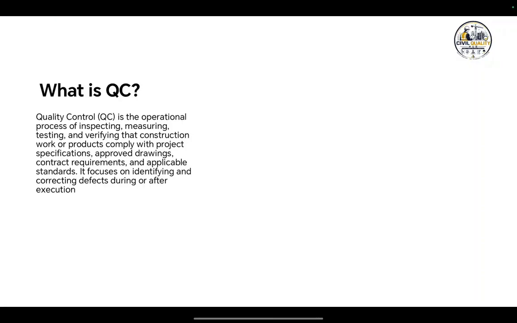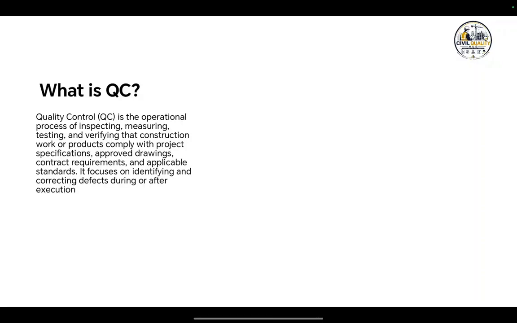Quality control is completely different. QC is the process of inspecting, testing, measuring, and verifying that the work meets the project requirements. Unlike QA, QC starts after construction begins. A simple way to remember it is: QA prevents defects, QC detects defects.